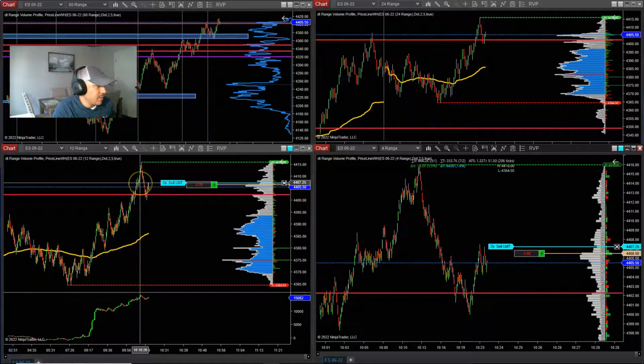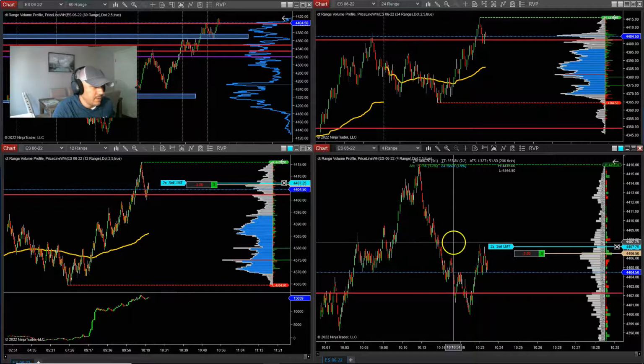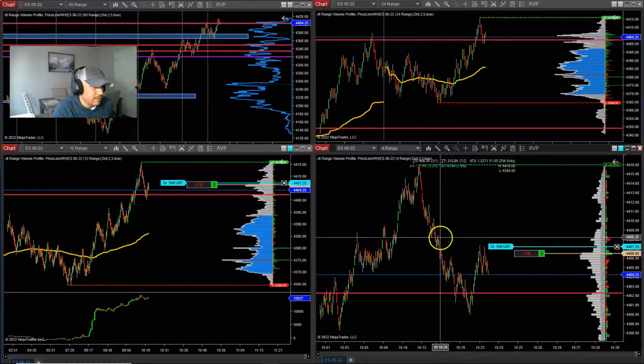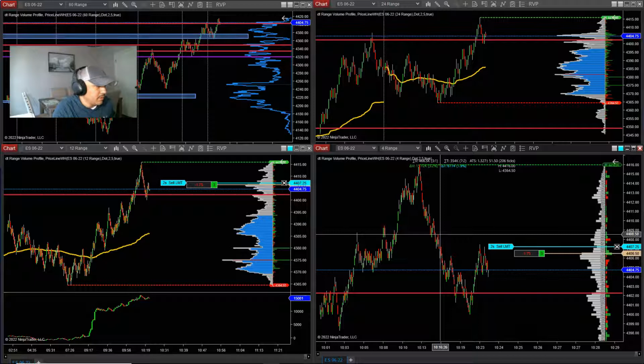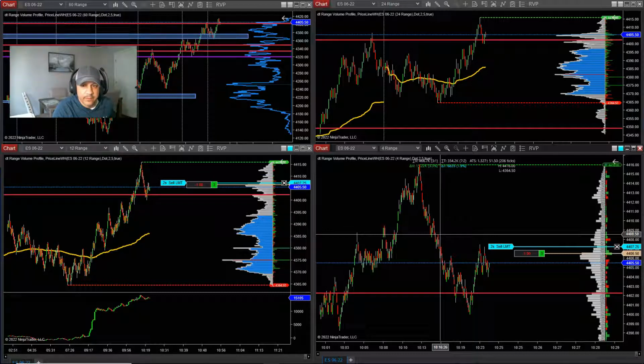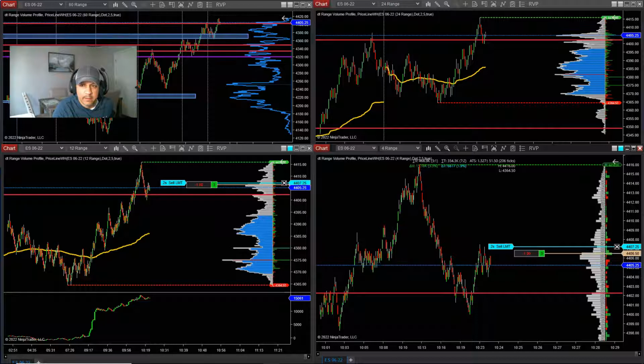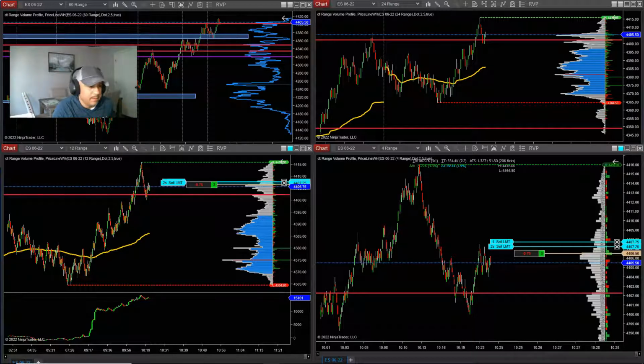Looking for price to break above. Let's see here. 44.85. Come on. Just wanting to pull back first though.